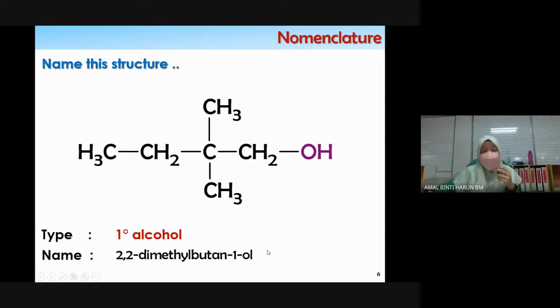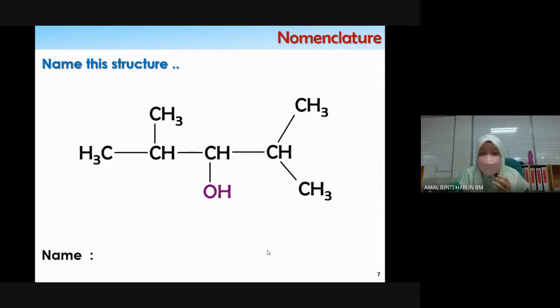Okay, so I repeat macam mana nak naming dia. So first one, we choose the longest carbon chain that consists the functional group hydroxyl. Okay, and then kita tengok numbering. You start numbering for the carbon chain from where you found the hydroxyl group.